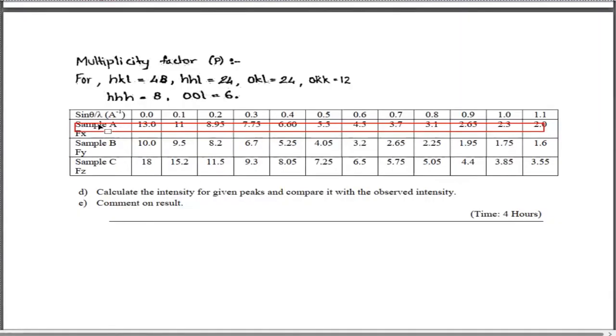Sample A means it is purely made up of a single element. So if you take silicon or any metal, iron, copper, something like that, which has an FCC structure, then you will go with the table of A, sin theta by lambda and sample A.